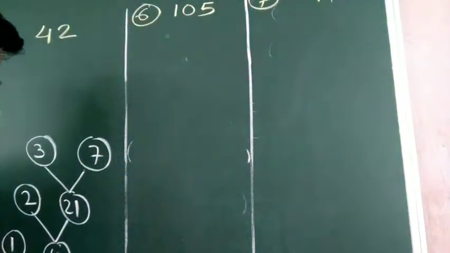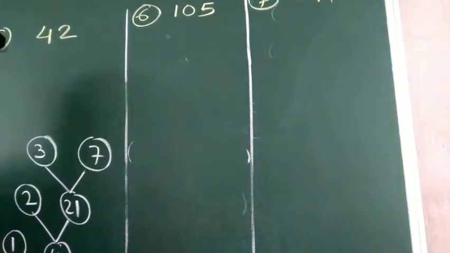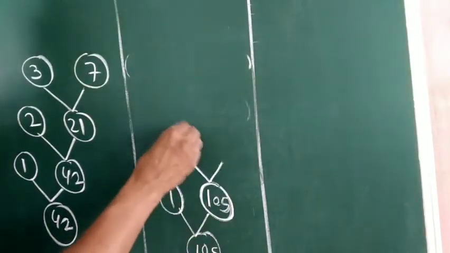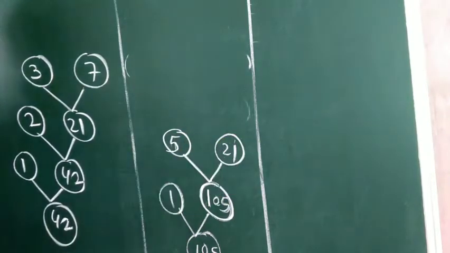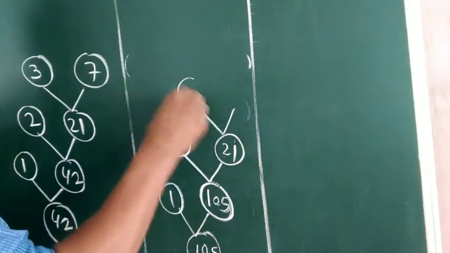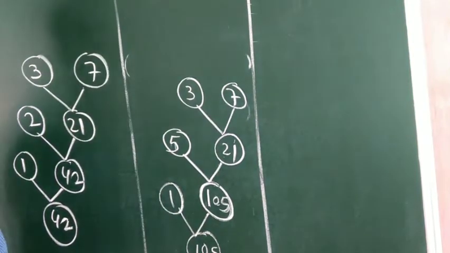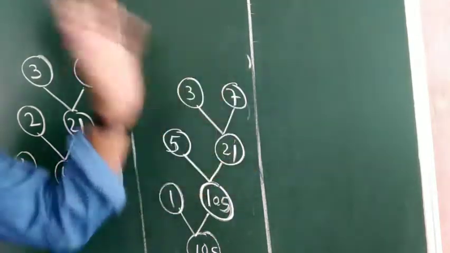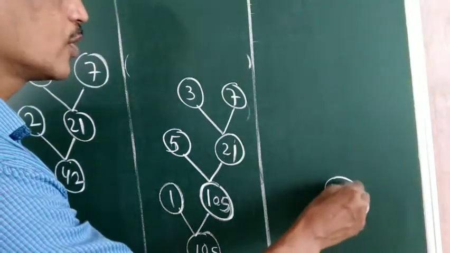Then it is 5 into 21, and 3 into 7. So 105: 1 into 105, 5 into 21, 3 into 7. So see, one more answer is here.